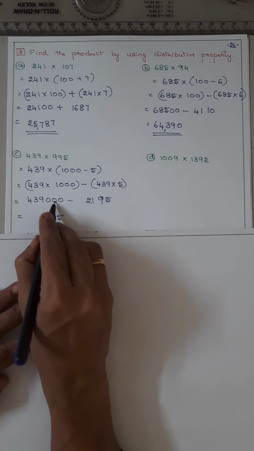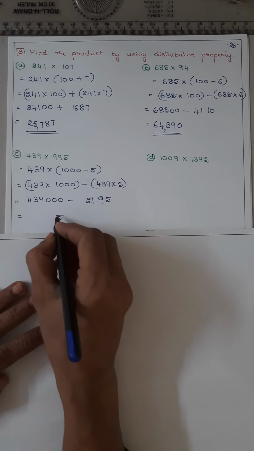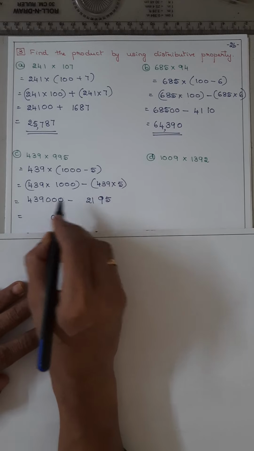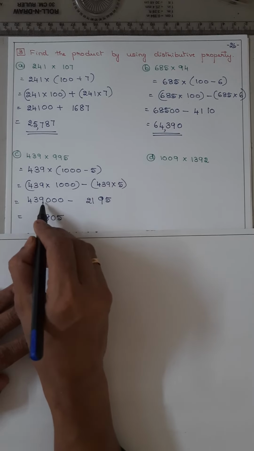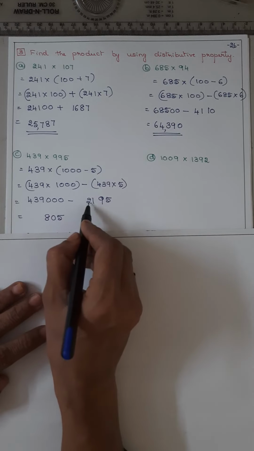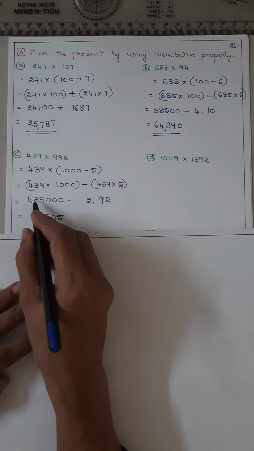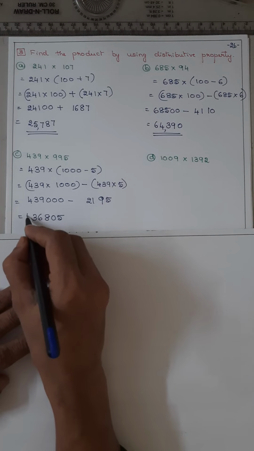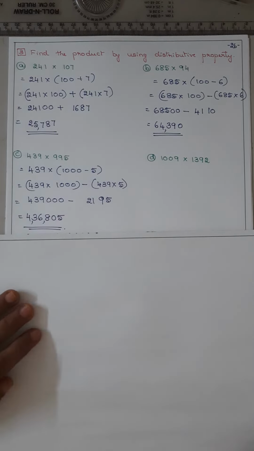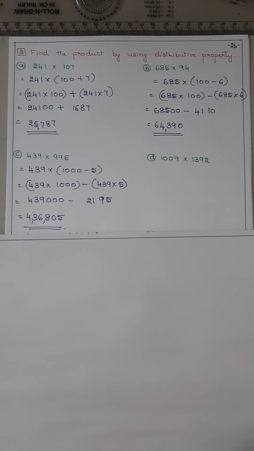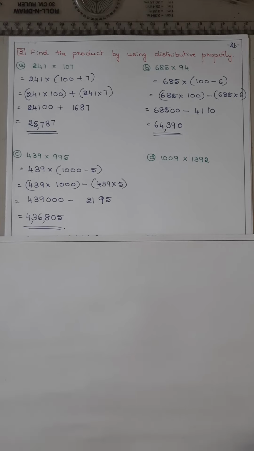Now here it is 9. 9 minus 9, 0. 9 minus 1, 8. Now here it is 8. 8 minus 2 is 6. 3 as it is. 4 as it is. So from one side you have to go on subtracting. And when you borrow, remember how much will be remaining and all.